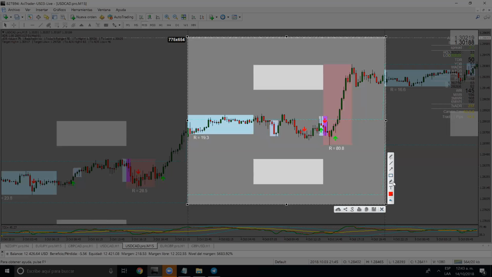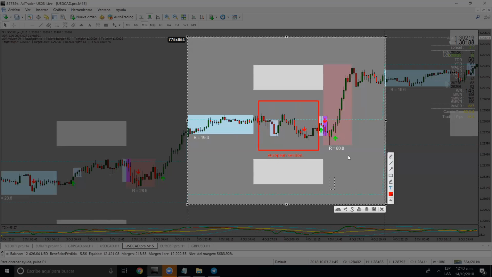Usually we have some movement here, European, from London, the London opening, everything here is the European session. When it finishes, we have no trade, just the session time.